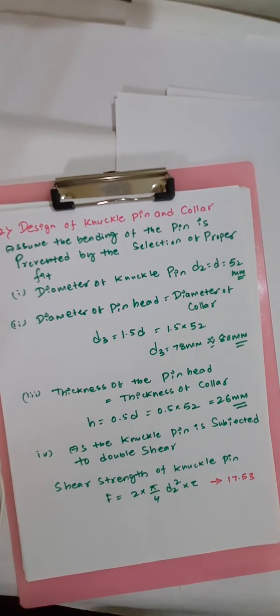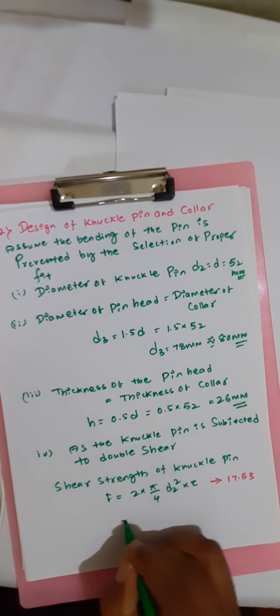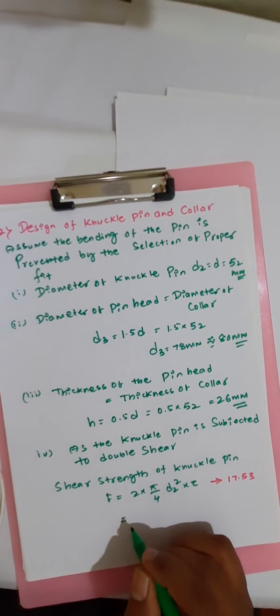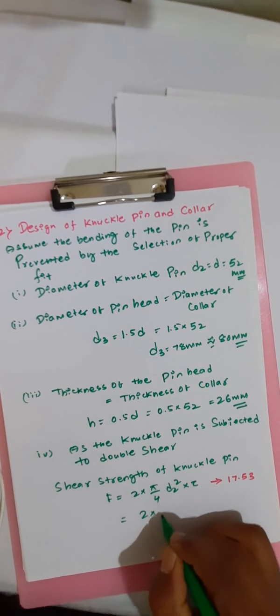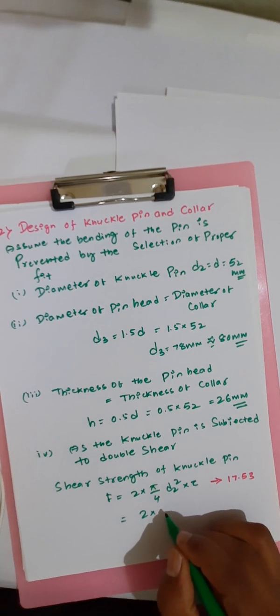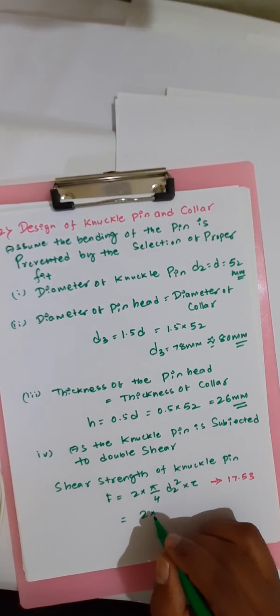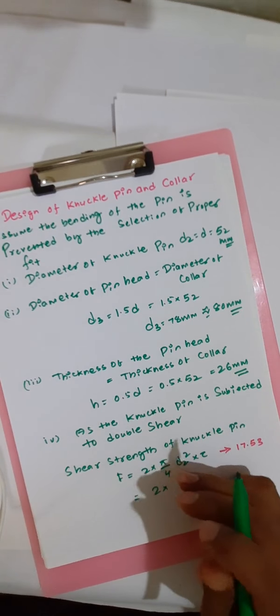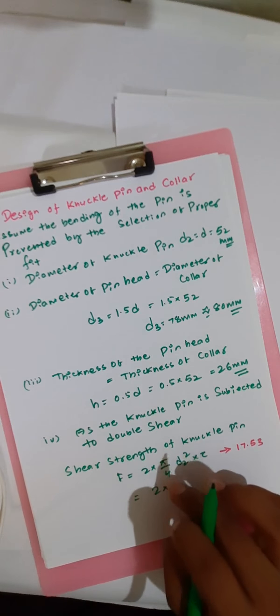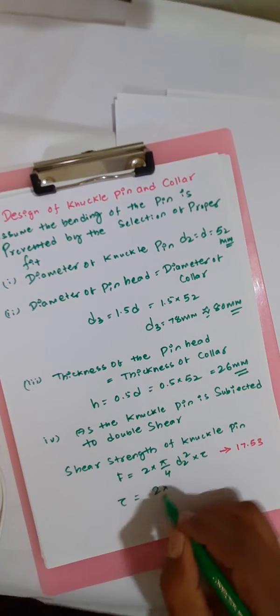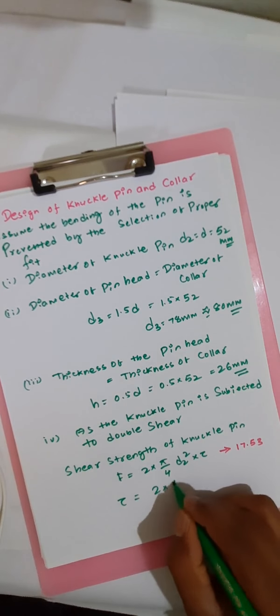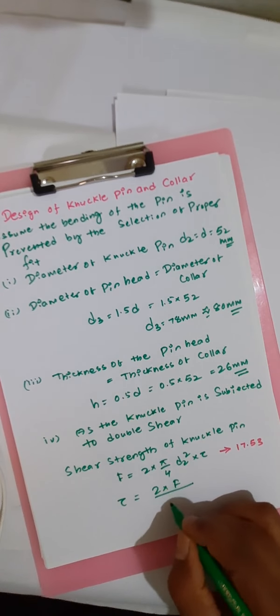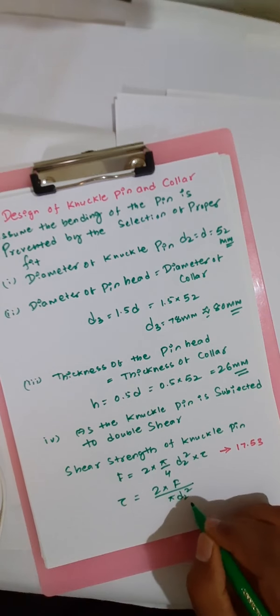If we substitute all the values, we know the value of F. So we can write this equation like this: tau is equal to 2 into F divided by pi d2 square.